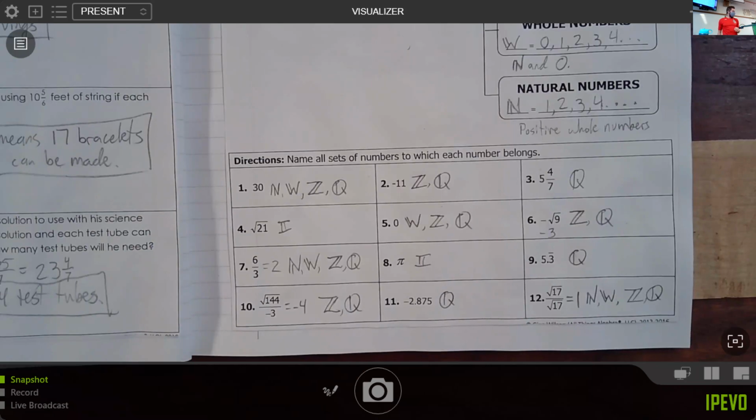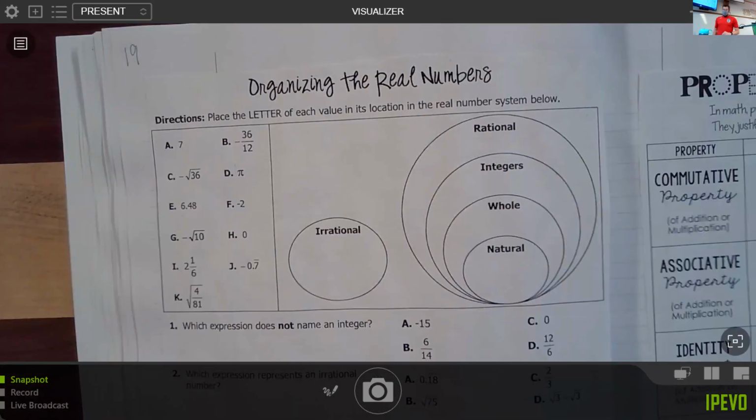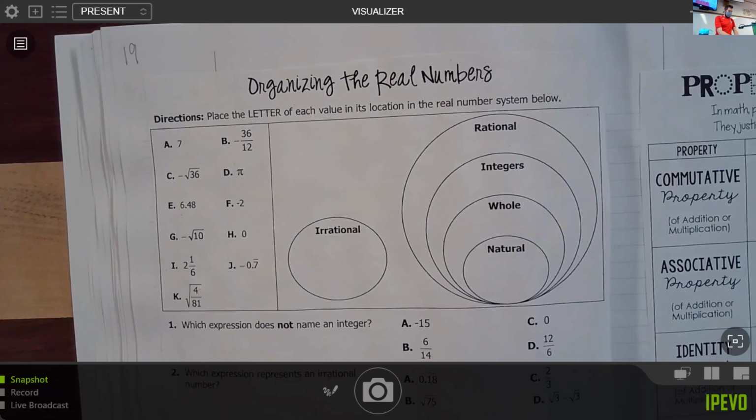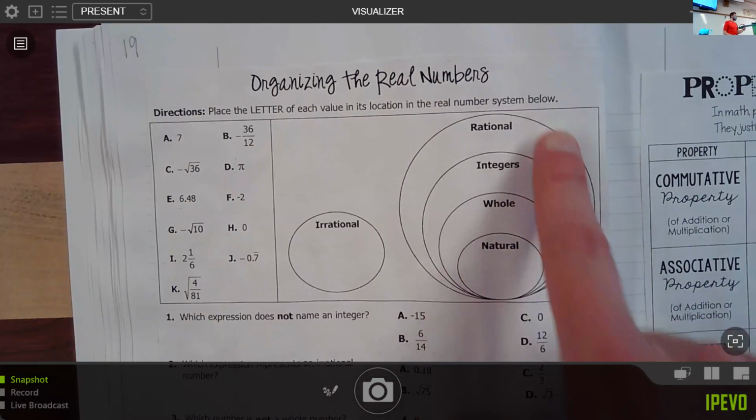From here, we're going to move on to the next page. Are there any questions so far? Are we seeing how this works, how we can expand and limit which categories we're talking about here, hopefully? This is another way of looking at it. We have a little diagram here. It says, place the letter of each value in its location in the real number system below. So we're going to get as specific as we possibly can.